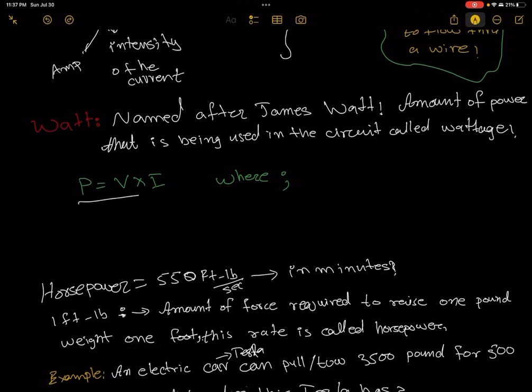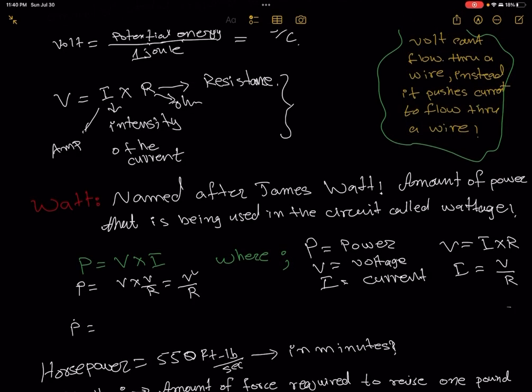This is the general formula for watt, where P is power, V is voltage or electromotive force, and I is current or amperage. This can be written in a different way.